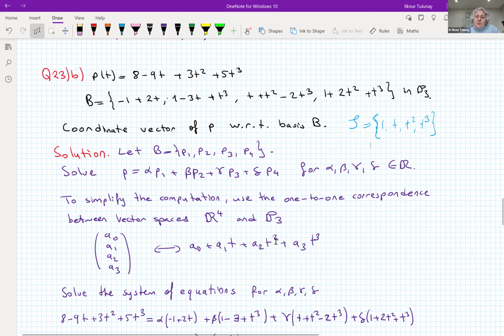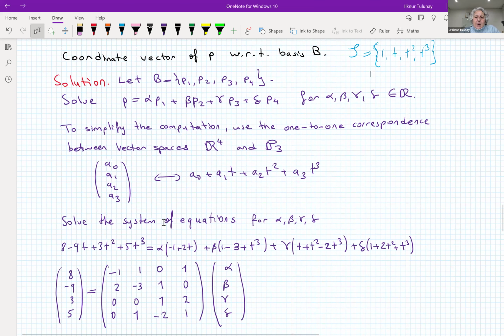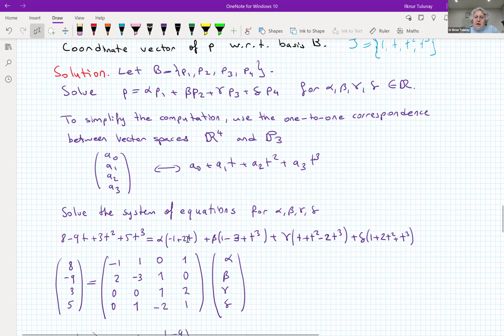Okay, that's what we need. This is P equals alpha P1 plus beta P2 plus gamma P3 plus delta P4. So this equation implies that you can rewrite it by using this correspondence, or you can open up the equations and make the constant term on this side equal to the constant term on this side, the coefficient of t equal to the coefficient of t on this side, and go through that calculation.